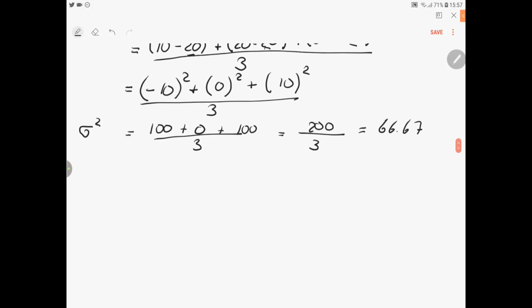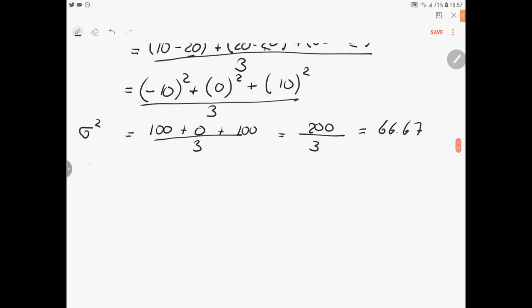Very often people don't like variances, so what they use is the standard deviation. So in this case it's the population standard deviation. Standard deviation. And this is just simply the square root of our variance.